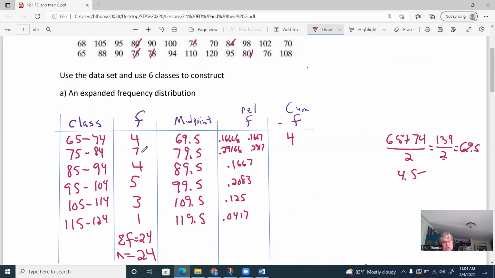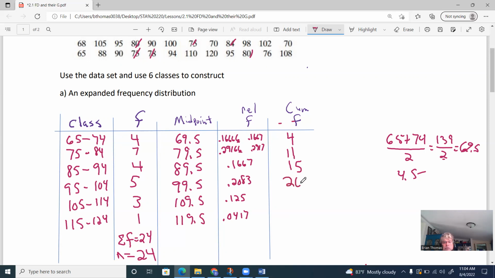Now, since the frequency is 7, I have to add the previous cumulative frequency, which is the 4, and that would become an 11. The next frequency is a 4, but the previous cumulative frequency was 11, so my new cumulative frequency would be 15. My frequency is 5, and the previous cumulative frequency is 15. So I add those together, and that would be 20.